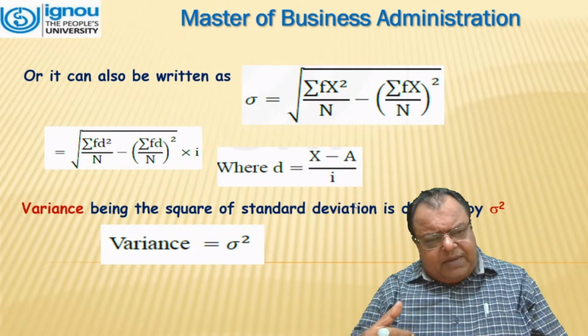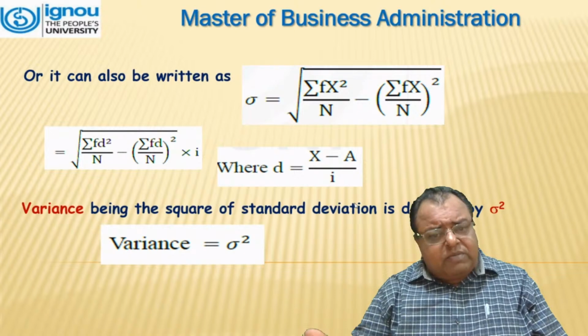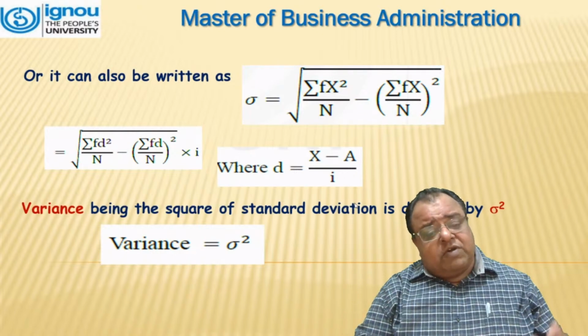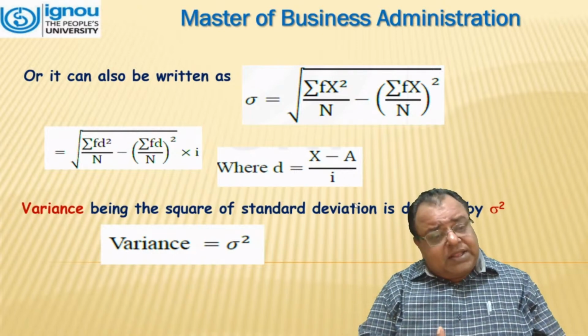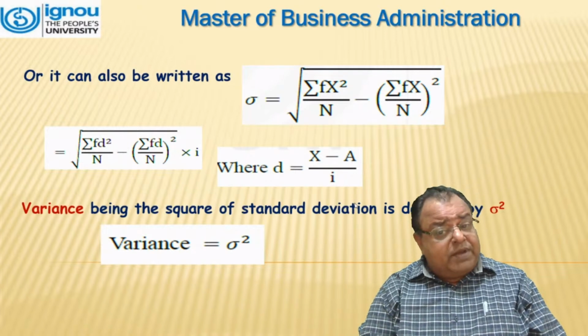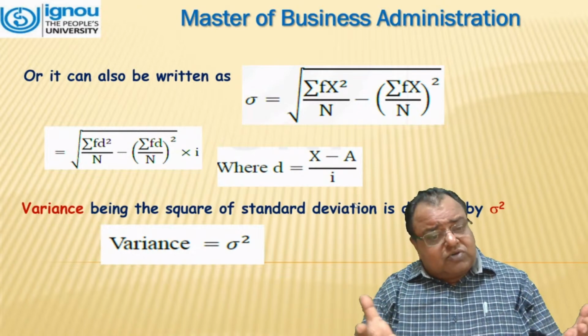This formula of standard deviation can be written in other forms also, depending upon the nature of the data or the mathematical application we are using. We have another relation for this one. Sigma is equal to the square root of summation fx squared upon n minus (summation fx by n) whole square.